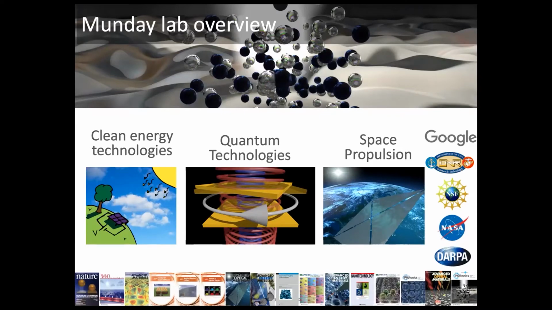You can use that as a way to propel spacecraft. So there's an overall theme that relates to some form of optics, whether it's using the sun for solar energy or for pushing things around, or looking at how light works on the nanoscale. That's the overarching theme.